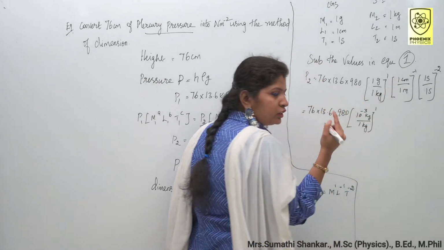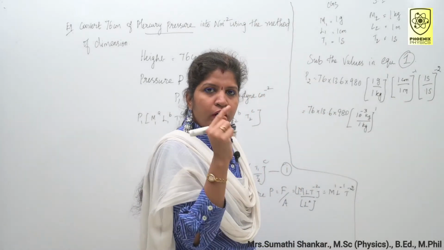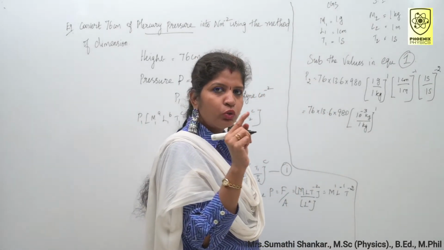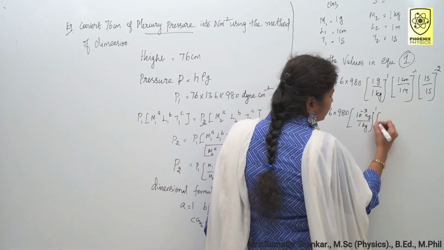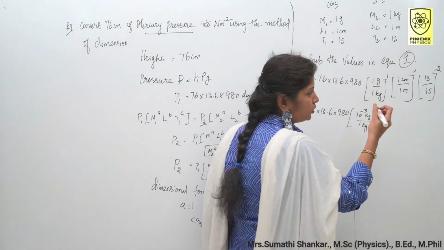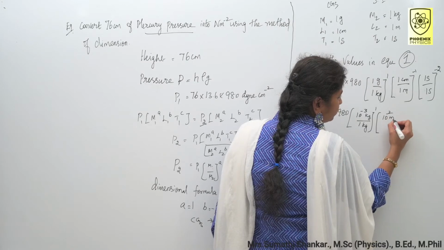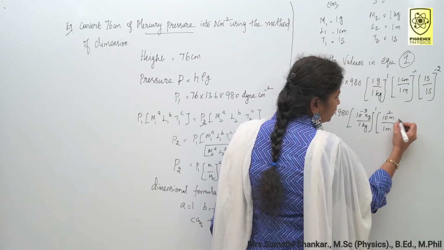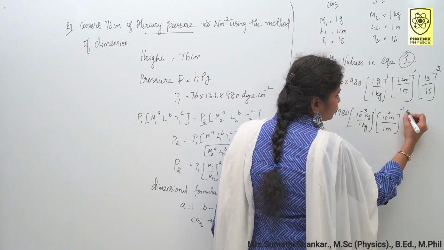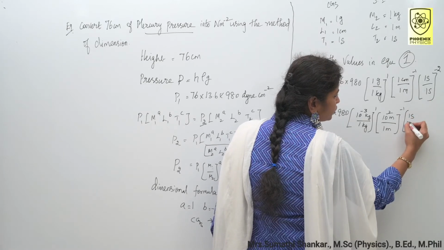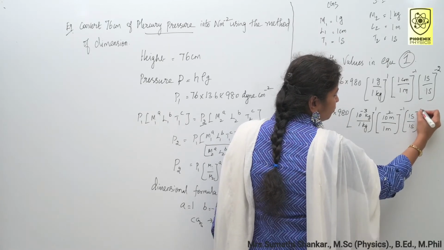Then 1 centimeter is equal to 10 to the power of minus 2 meter. So this is the basic conversion. So 1 centimeter means 10 to the power of minus 2 meter, divided by 1 meter, power minus 1, here 1 second, this is common, 1 second to the power minus 2.